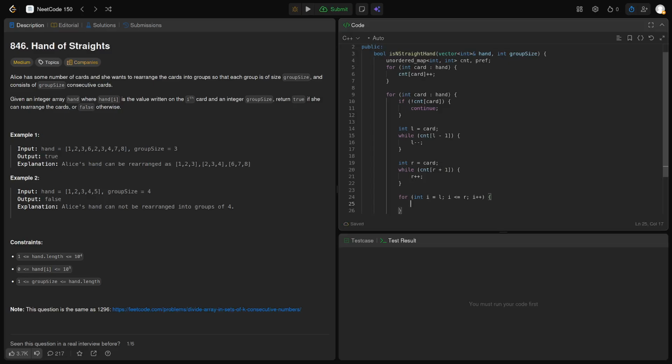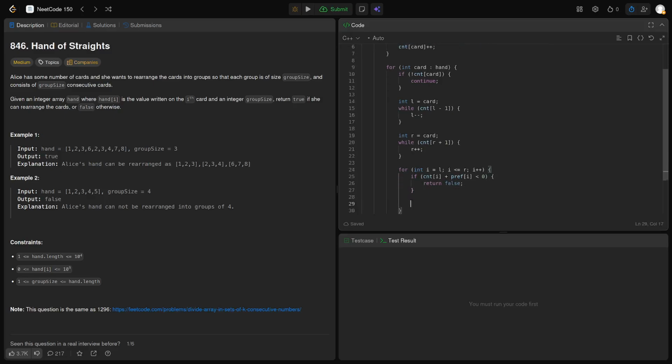And then what I want to do first is check if count of i plus prefix of i is under 0, return false. That was exactly the case we talked about.